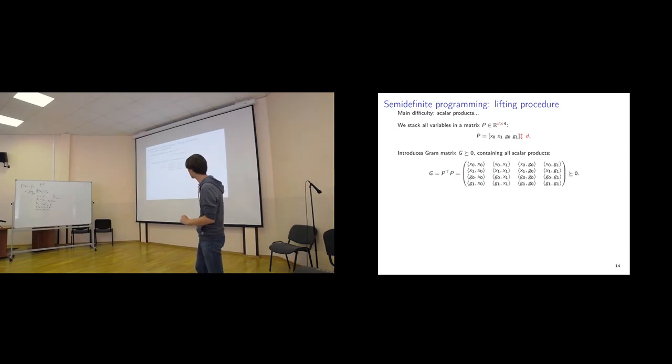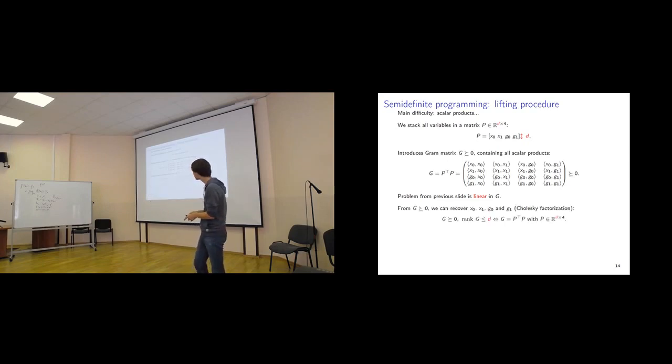I will explain what we lost. If you find a solution to the previous problem, you can transform it to a solution formulated in terms of the Gram matrix. But if you are given a positive semi-definite matrix G, then it may not always be possible to recover a solution to the previous problem.